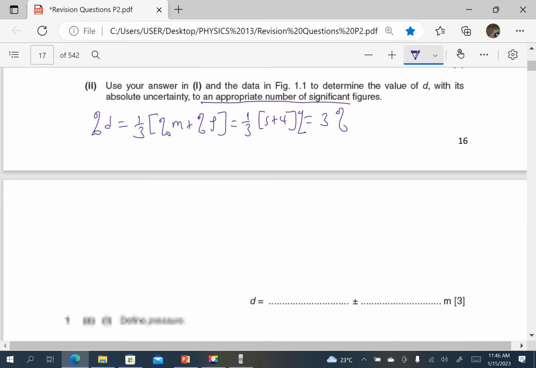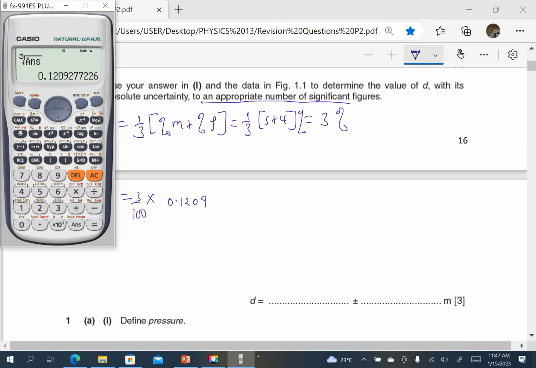Then we find the absolute uncertainty. The absolute uncertainty in d is going to be simply 3 over 100 times the value of d, which we calculated as 0.1209. So that answer times 3 divided by 100.